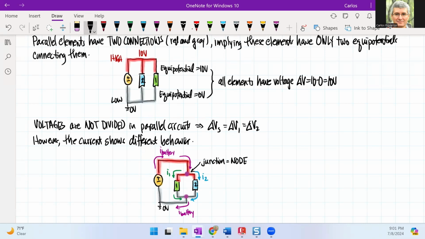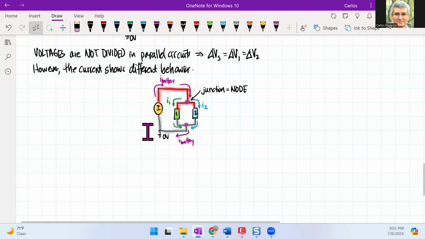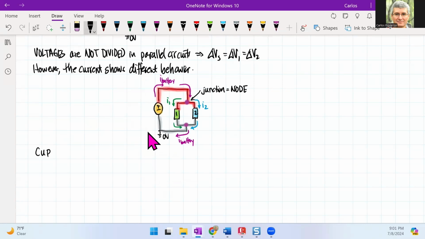So what we're seeing here is that current is divided among its parallel elements.